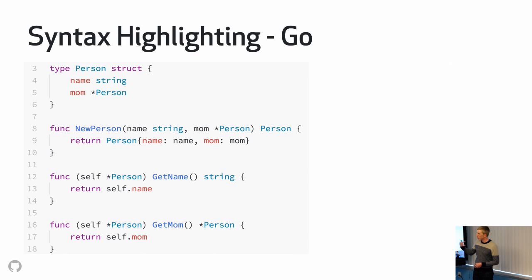It's the same piece of Go code that I showed you earlier with the person type, only now the problem that I mentioned earlier has been addressed. All of the types in the code now consistently show up in this blue-green color. On top of that, all of the struct field names now consistently show up in this red color, whereas before they weren't differentiated from other names like local variables.